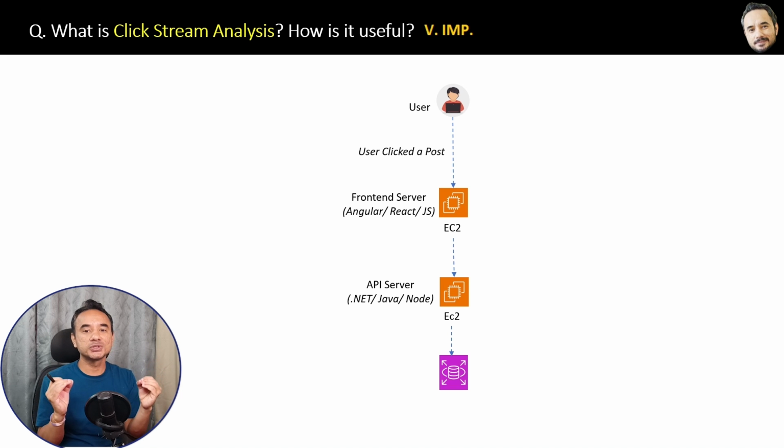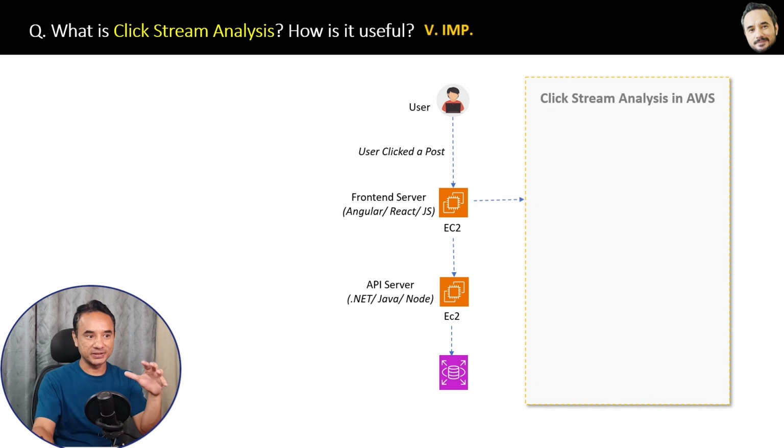So that in the future, the Facebook app can show you more relevant posts or ads based on your current behavior, so that you will spend more and more time on Facebook, and that is what they want. This entire process of capturing and analyzing user activity is called click stream analysis.